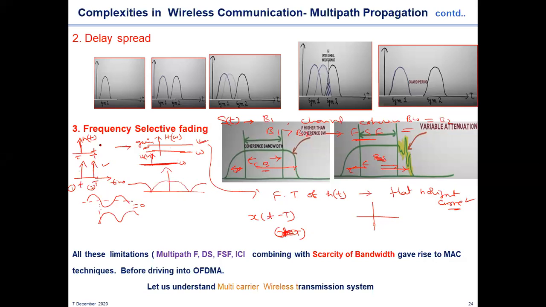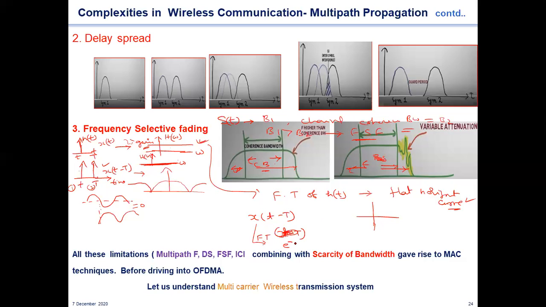This signal corresponds to x of t, whose magnitude and phase plot look like this. This signal corresponds to x of t minus T. I have given the frequency domain response here. If I take the Fourier transform of x of t minus T, what would be the term?